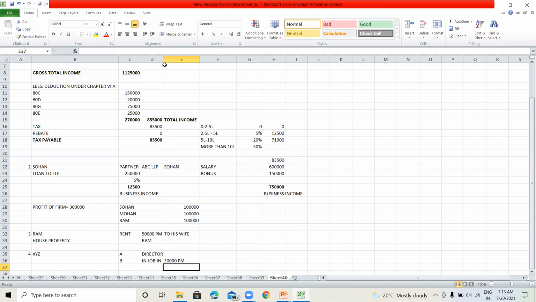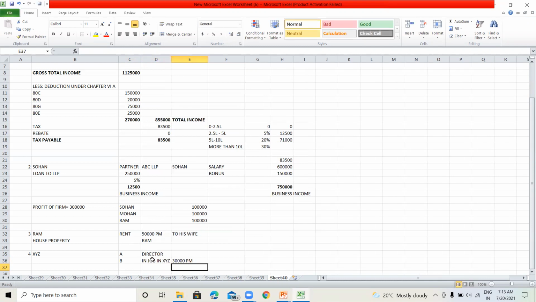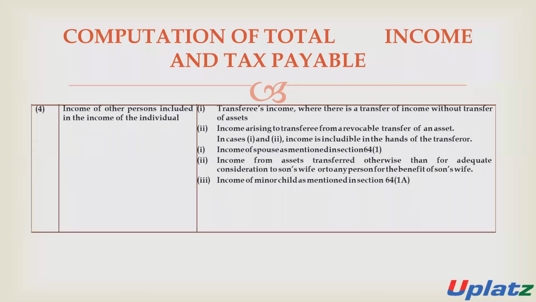But she does not have the qualification, meaning she is not qualified for such a job. So in this situation, such 30,000 rupees per month for 12 months, meaning 3 lakh 60,000, will be taxable in the hands of A. This is the income of a spouse.